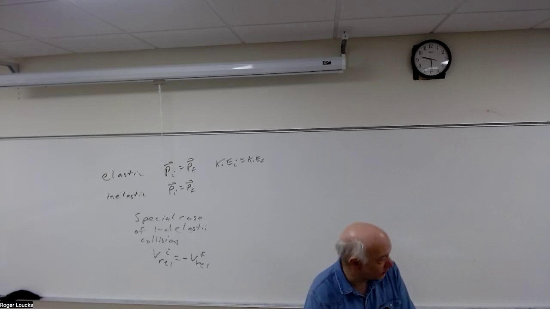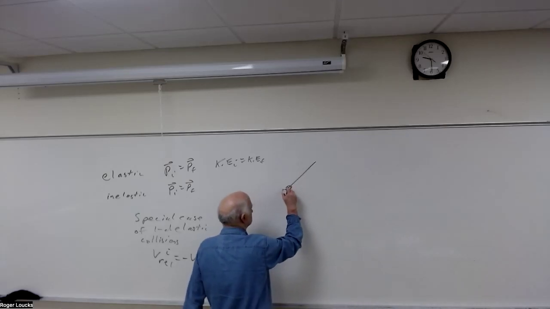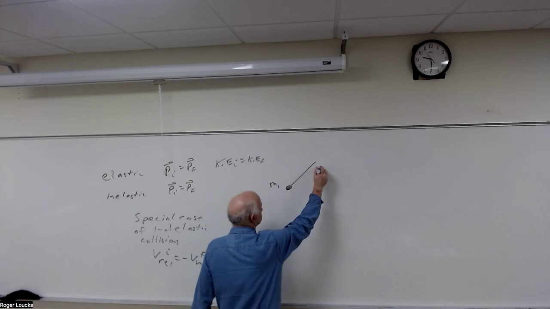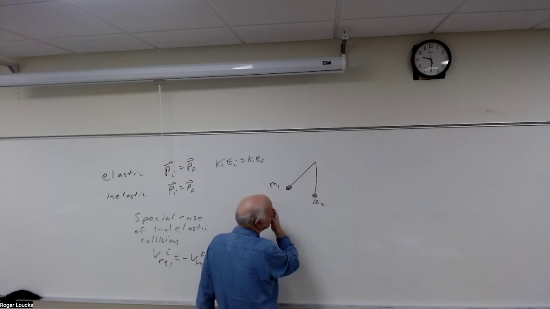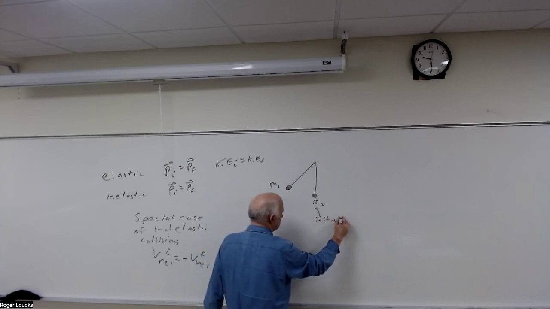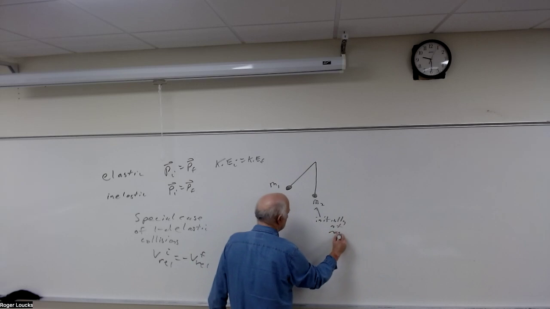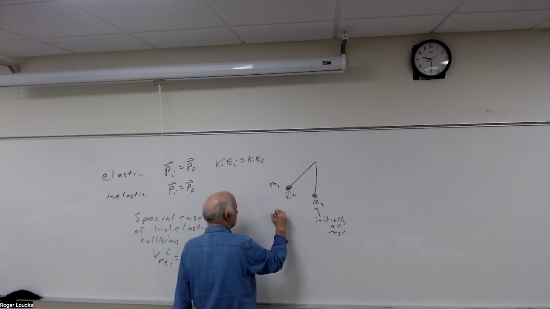So we have this here. This is M1. This is M2, initially at rest. And this is at some height H, and this is initially at rest.